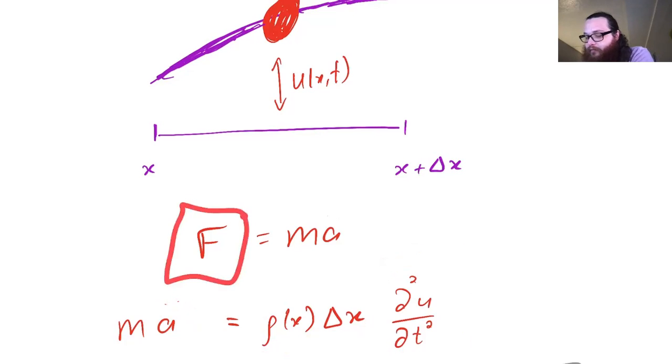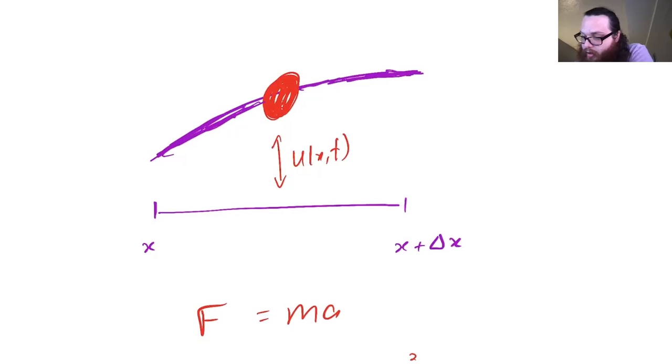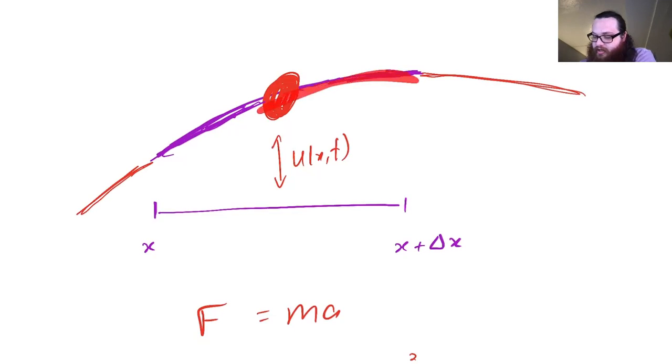Now the question is, what are the forces acting on this particle? Let's go back up to the picture. Recall that we're looking at the short segment of string. The string continues on that way, continues on that way. Whatever force is pulling this segment of string over here is going to be exactly the force that this segment of string out here is exerting on this segment through this point right here.